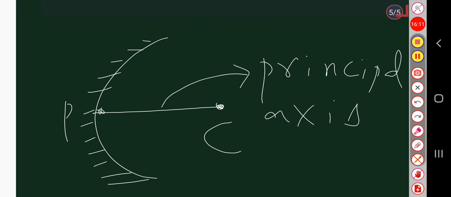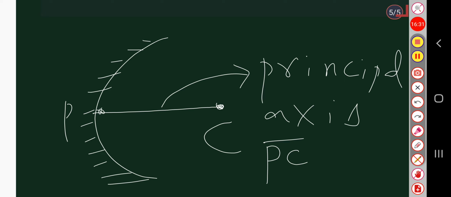Dear students, next, what do you call the line segment PC? The distance between the pole and the center of curvature, what do you call this distance?